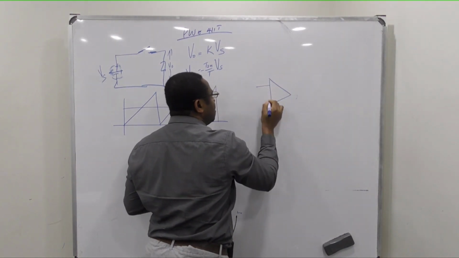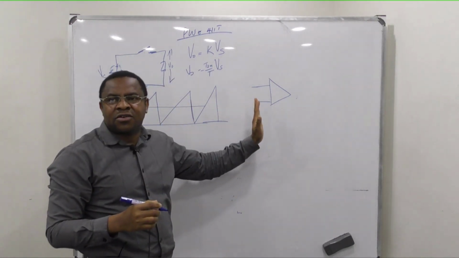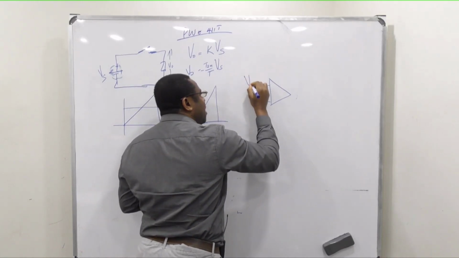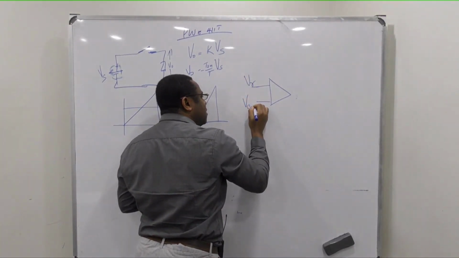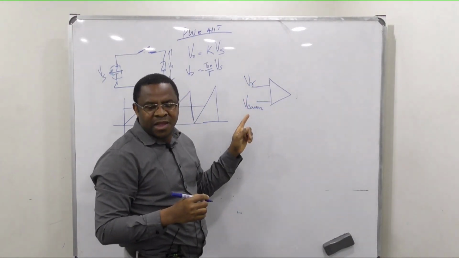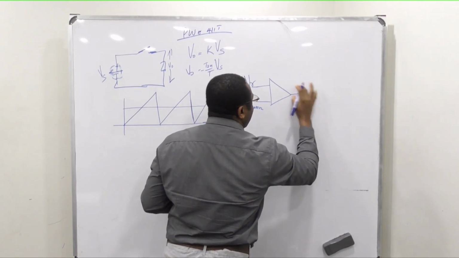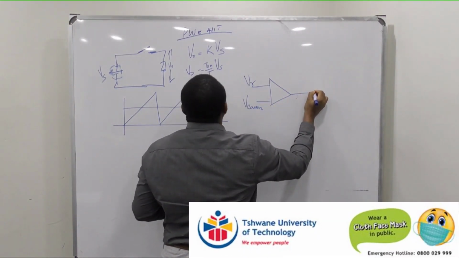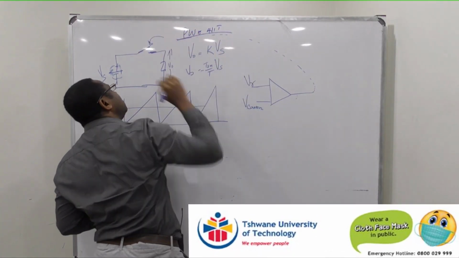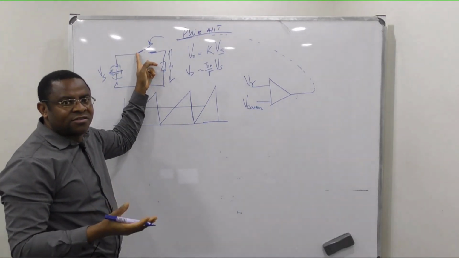In this comparator, I have a reference signal, Vref, and V carrier. I need to compare these two. The outcome of this will give you the output, and this output is what will go to the switch. As I say, we can use a thyristor.